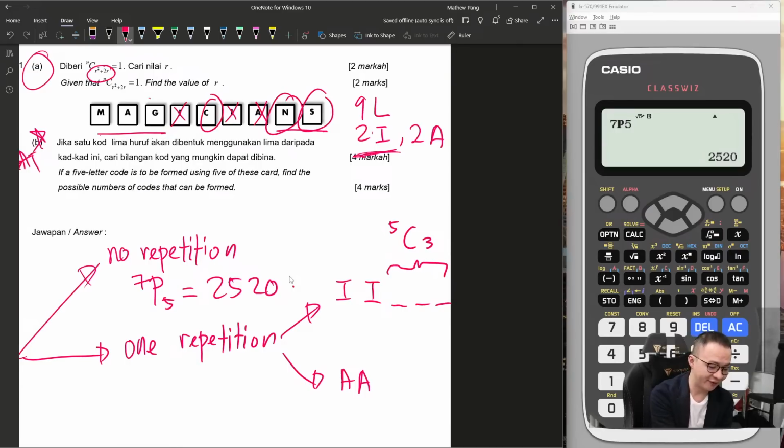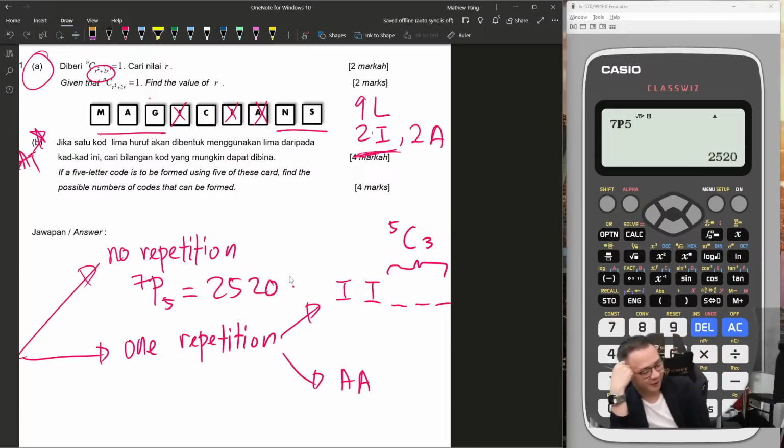From the remaining letters, is it 5? 1, 2, 3, 4, 5, 6. So here should I take out 1A, or take out double A?